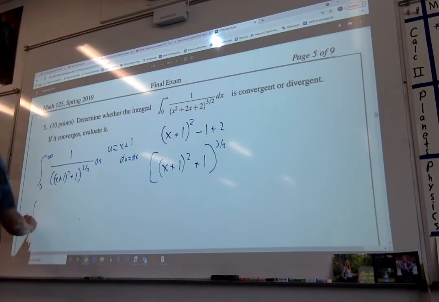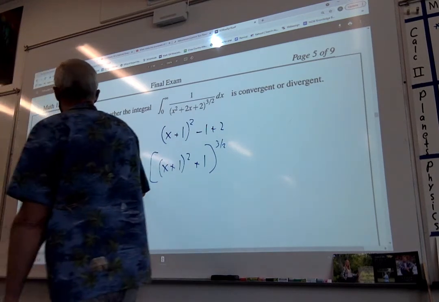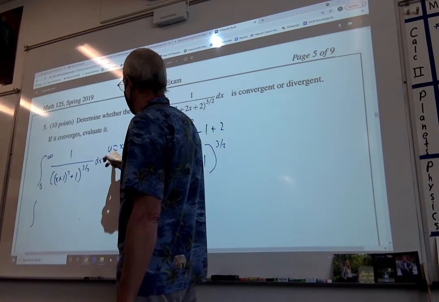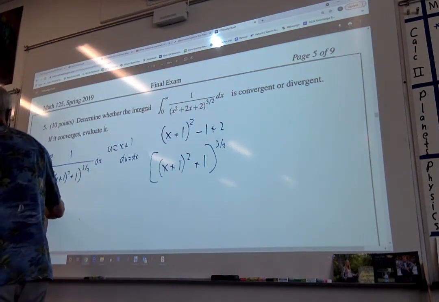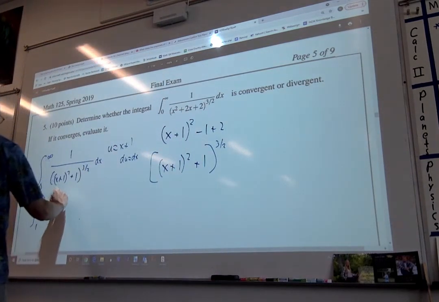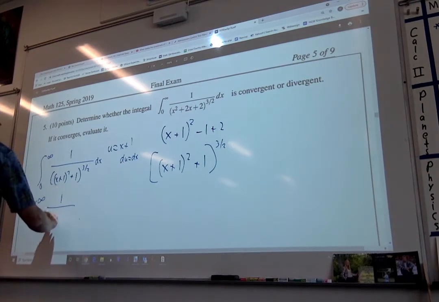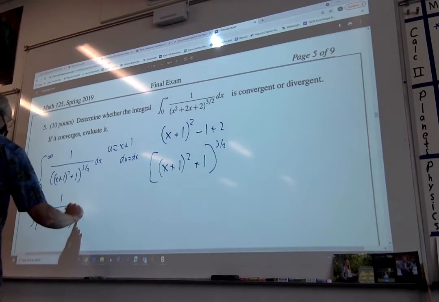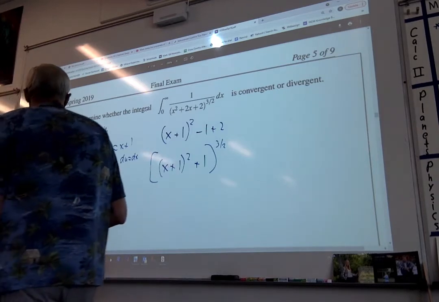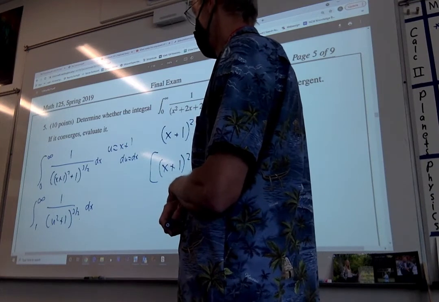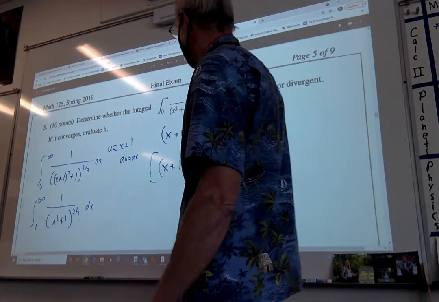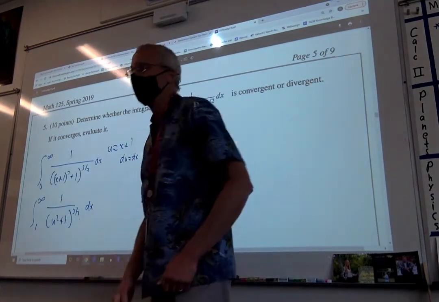Let's change the limits. When x equals 0, u equals 1, and x equals infinity still, of 1 over (u squared plus 1) to the 3 halves dx. And we don't have to go back to x's because I changed the limits, right, to 1.